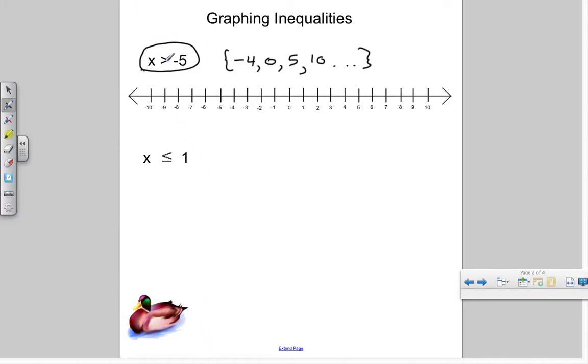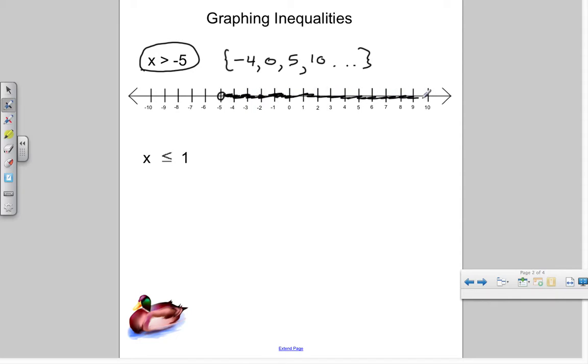So I said x has to be larger than -5, so I find -5 on my number line. But because -5 is not included, I'm going to put an open circle on -5, saying that it can't really be -5. But x can be bigger than -5. So that means it can be -4 and -3 and -2 and -1, etc., etc. But it can be everything in between too. So instead of highlighting each dot, I just shade in the whole number line.